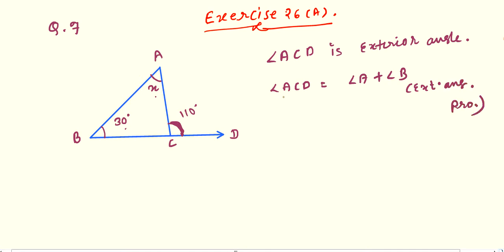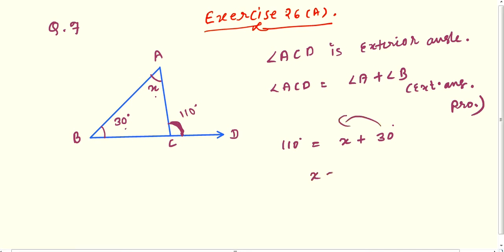Angle ACD is 110, angle A is X and angle B is 30 degrees. Transpose this 30 to the left hand side. So X equals 110 minus 30. Finally X equals 80 degrees. So by using this exterior angle property you can solve this question.